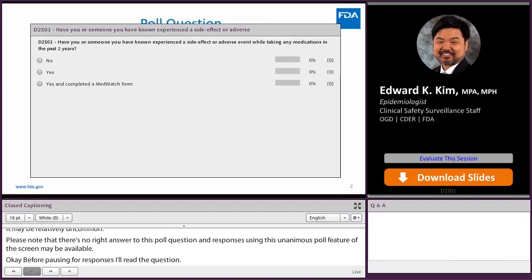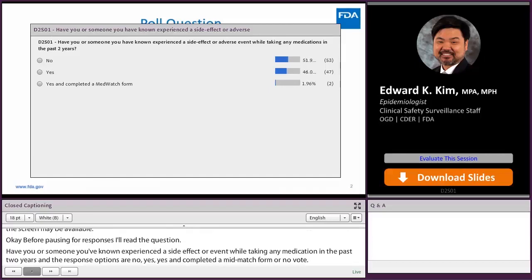And the response options are no, yes, yes and completed a MedWatch form, or no vote. And I'll pause here for about 10 seconds or longer if there are any instructions from the good folks running the online poll feature for the opportunity to see other responses by entering your own response or simply making a note of your answer on your own.